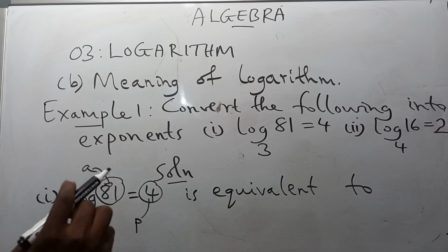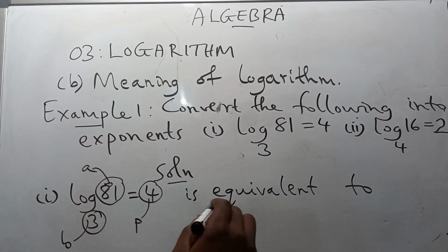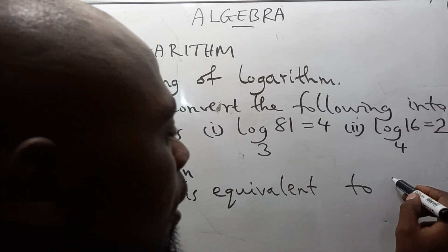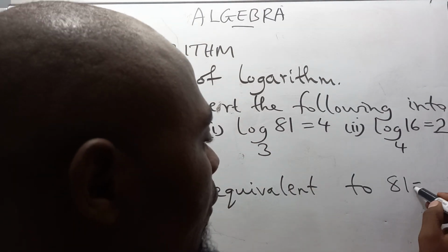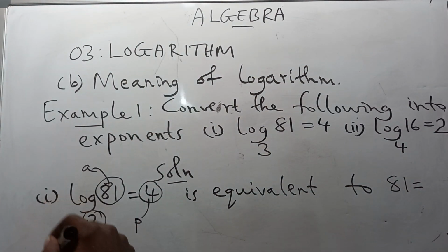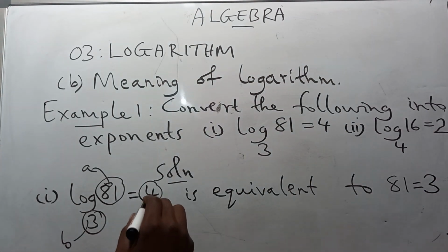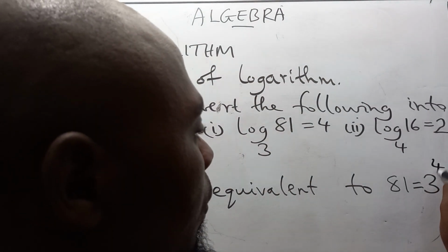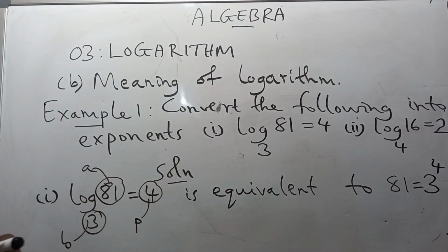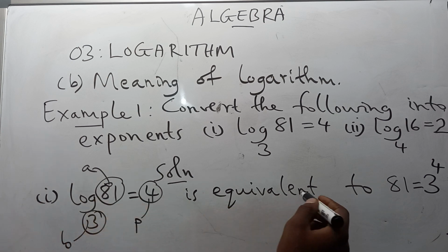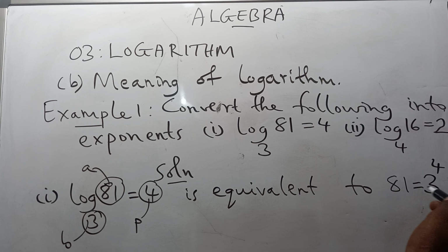So this logarithm is equivalent to exponent. First, 81 is a given number which is equal to base 3 raised to the power of 4. This is how log of 81 to base 3 is equal to 4 is equivalent to exponent 81 is equal to 3 raised to the power of 4.